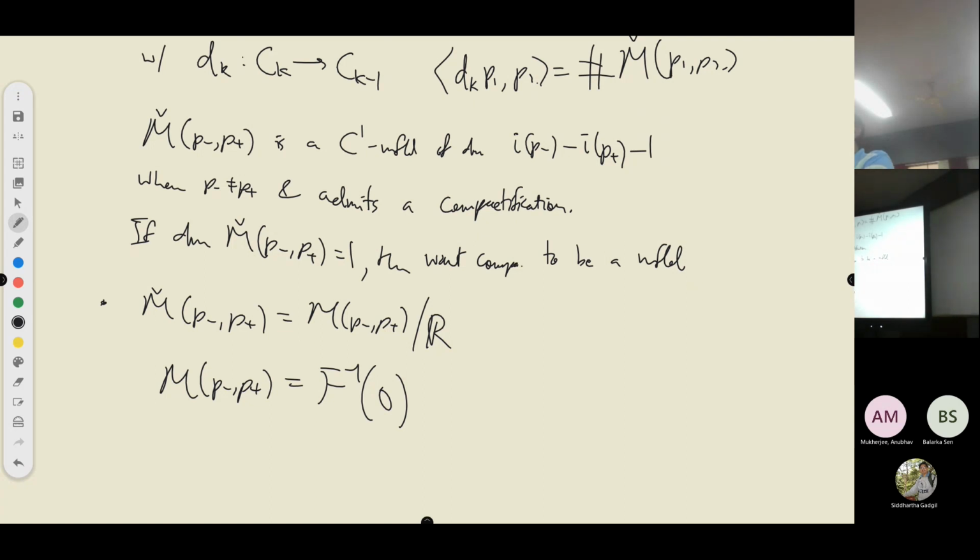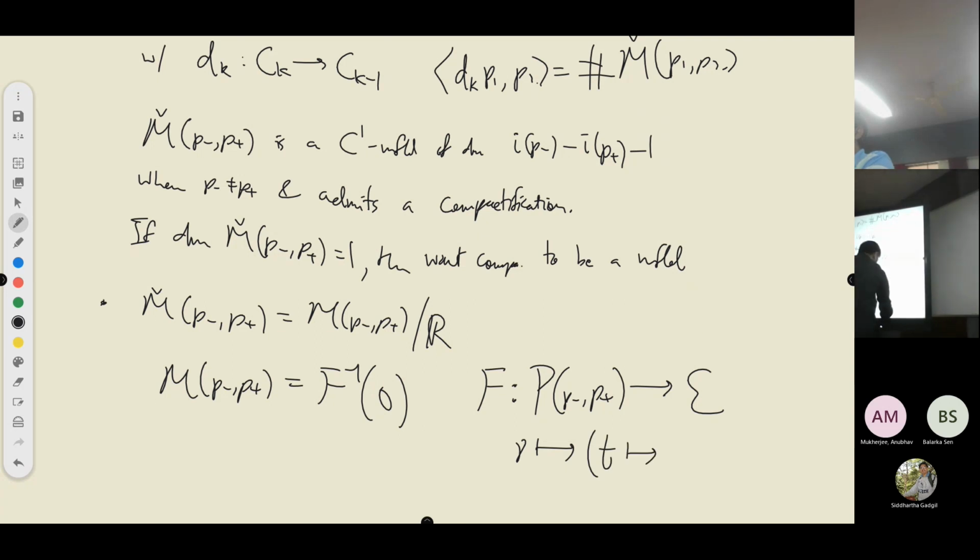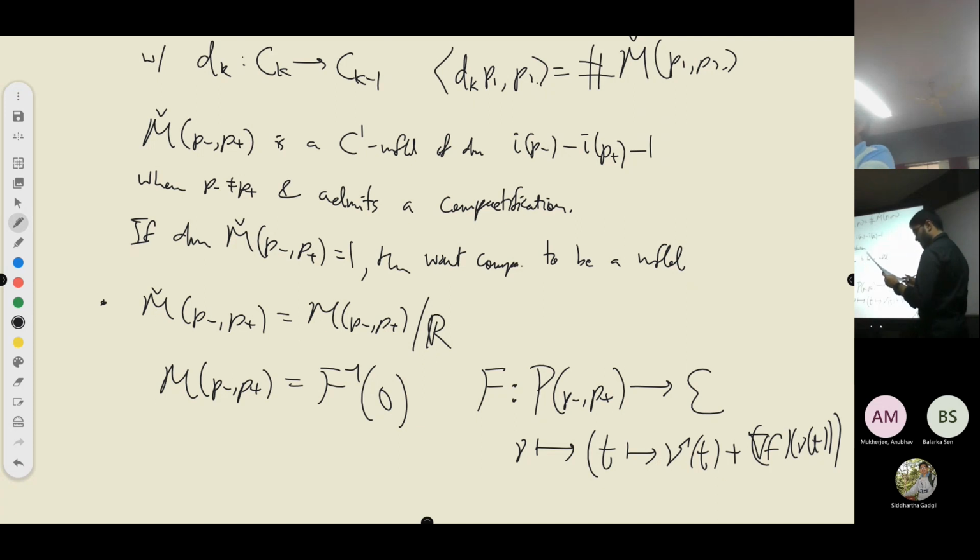So F is a map from path space to some vector bundle, which in the finite dimensional context was defined as gamma goes to the following function. Okay, so we want to mimic all of this in the case when f is the Chern-Simons functional.